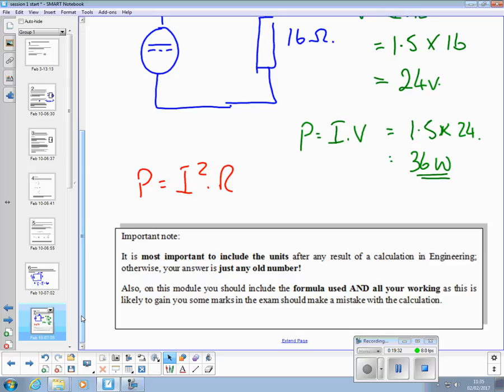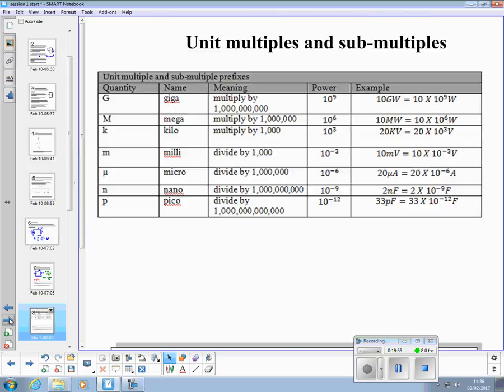If there's meant to be units, you should include them. Also, you should include the formula used and your working, because this is likely to gain you some marks if your answer is at the end point incorrect. You'll get some marks for the bits that you did do right. Any questions? Next bit.